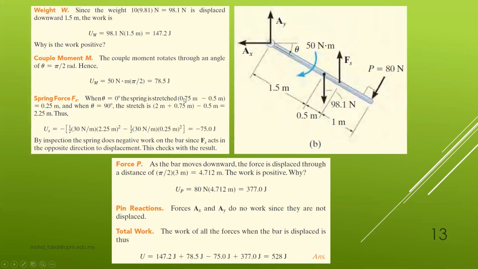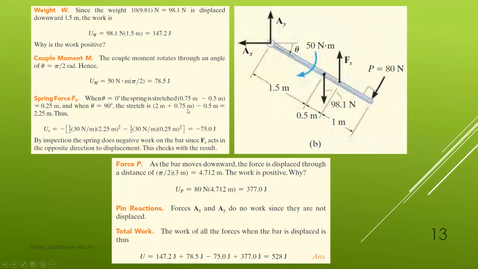So you need to get the difference of this length, which is equal to 0.25 meter. And when theta equal to 90 degrees, the stretch is 2 meter plus 0.75.